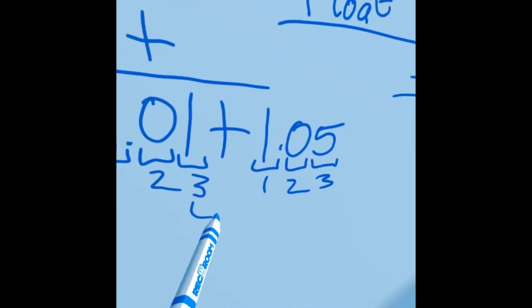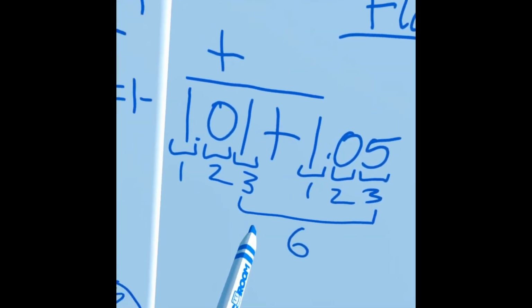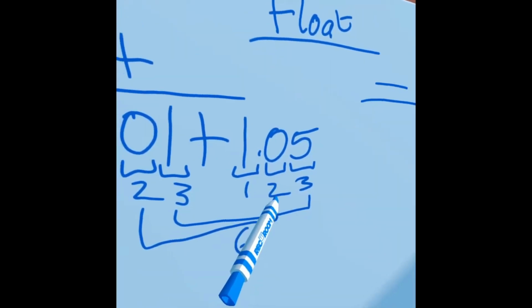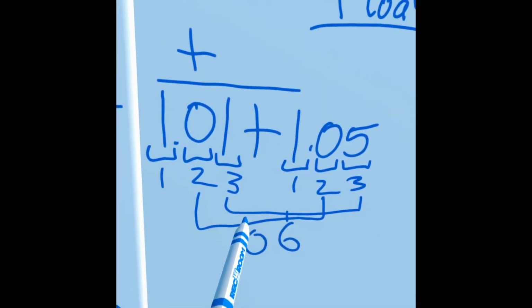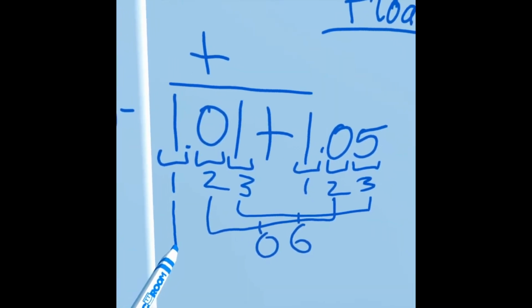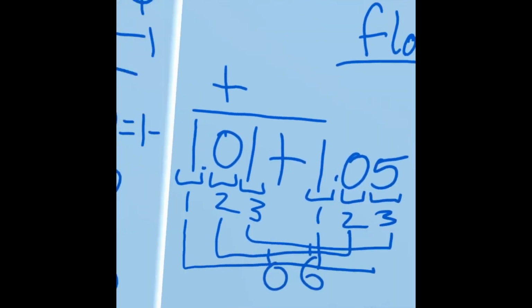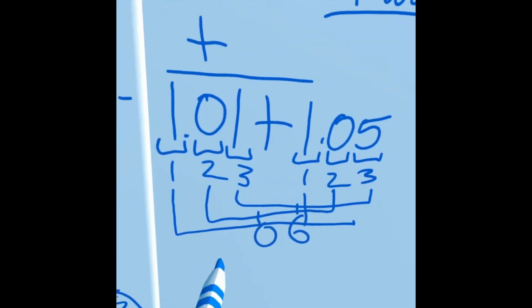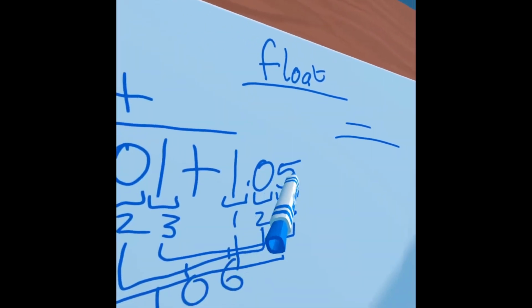So now we say, okay, 1 plus 5, 6, 0 plus 0, 0. And 1 plus 1 is 2.